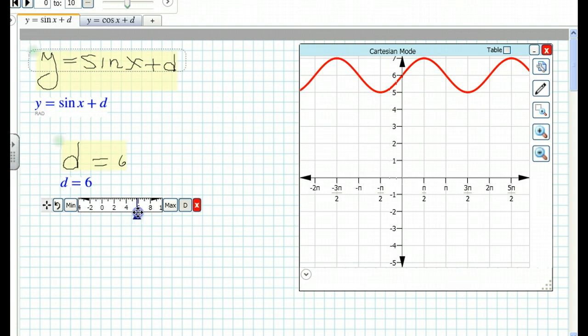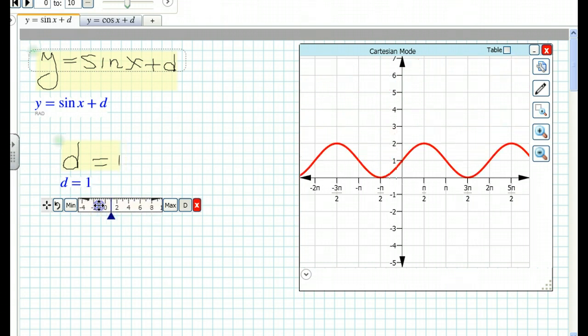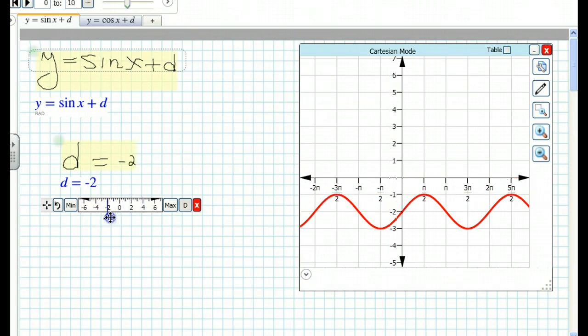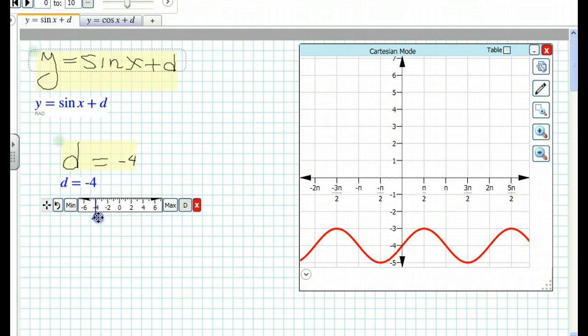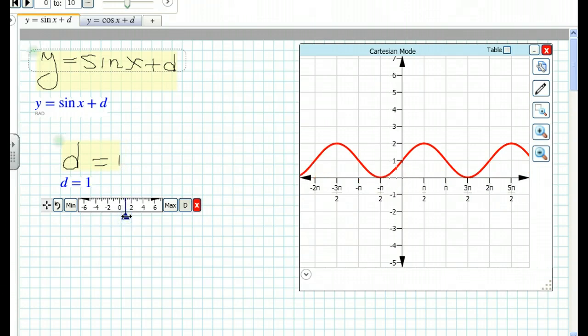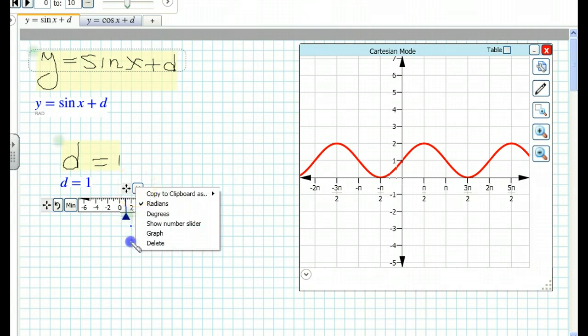I can go in the opposite direction. So let's go to negative 1. Let's go to negative 2, negative 3, negative 4. I think the pattern becomes pretty clear that as we increase the value of d to 1, the graph has moved up 1 unit. If we increase the value of d to 2, it has moved up 2 units, and so on and so forth.